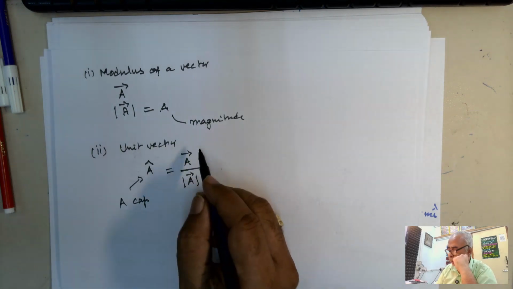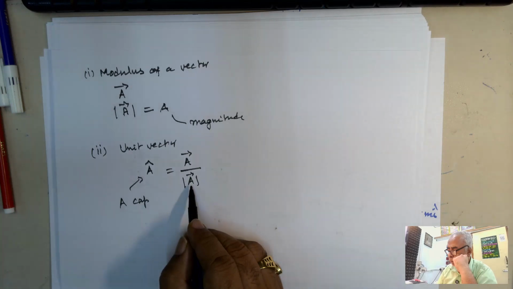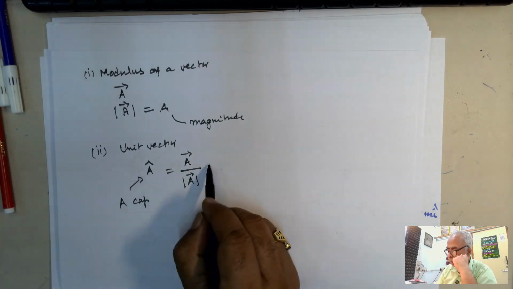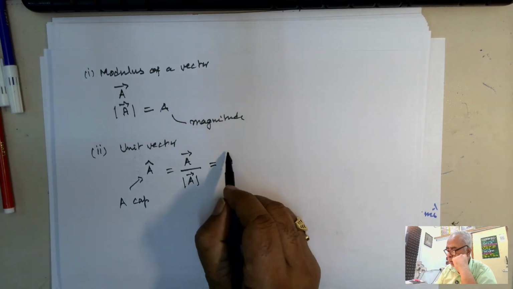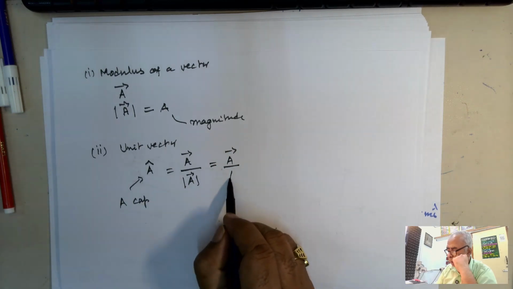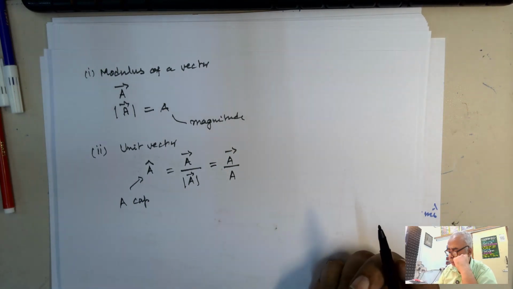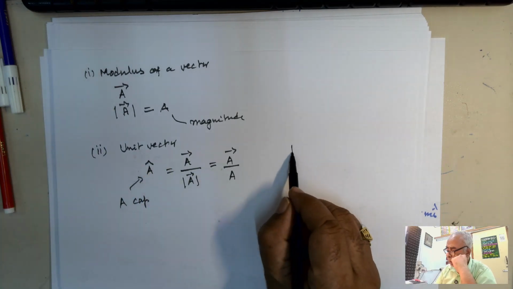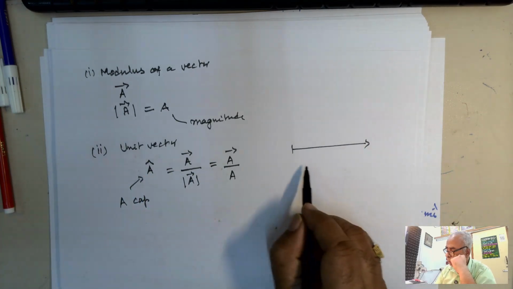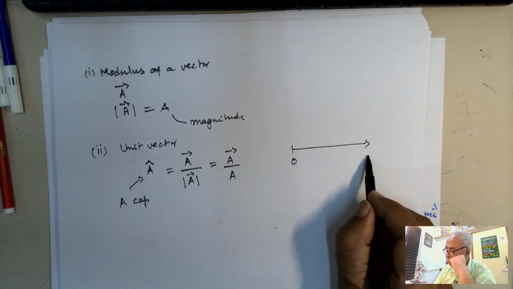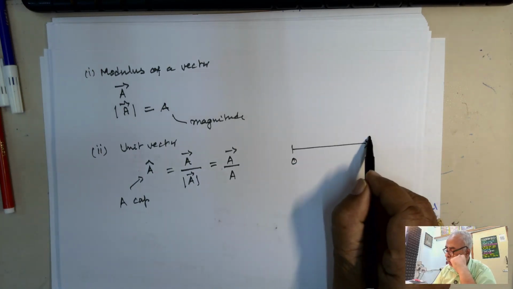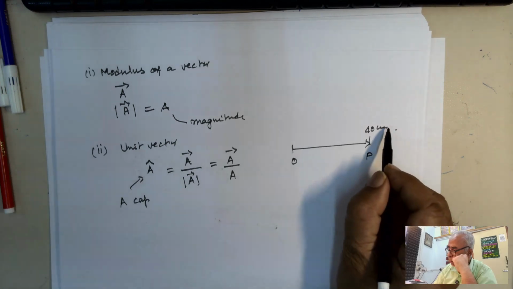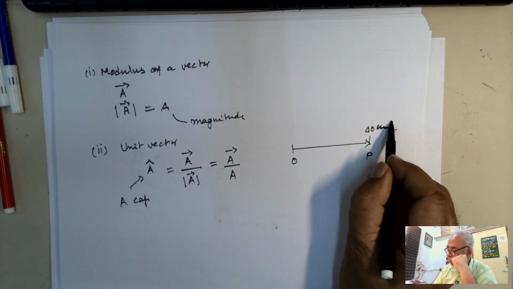So what is this? This is the vector, and this is the modulus of the vector. And this can also be represented as A vector divided by A. Okay, so unit vector means, for instance, say this is O, this is P, and this is at 40 meter per second speed.